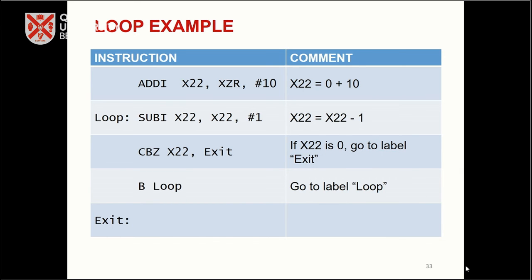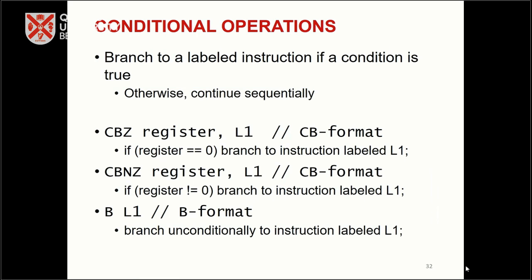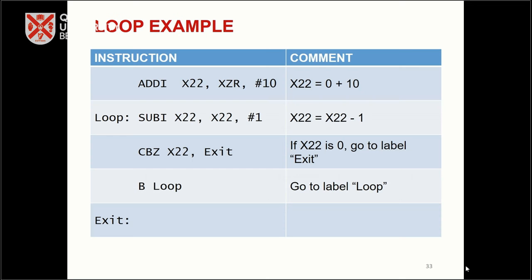Remember this L1 we have mentioned before? Remember we have said that L1 was a label in my program. So in this case, loop is one label of my program and exit is one label of my program. These labels are translated into addresses, but it's better for humans to put a label instead of an address here.